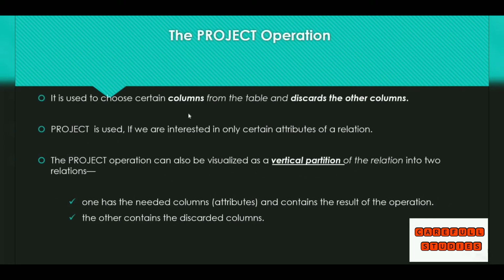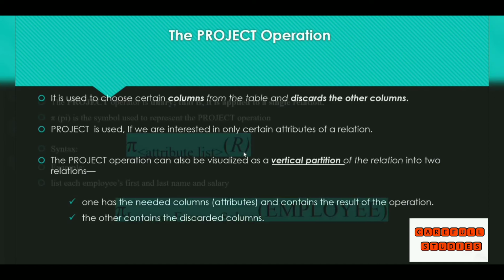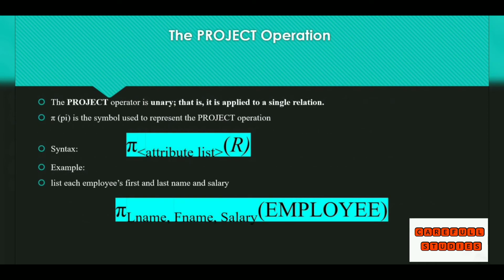The next one is the project operation. It is used to select the columns and discard the other columns which are not selected. It follows only the vertical partition. It has two steps. One is which columns are selected, which is the first requirement. The next is which columns are not selected, which are discarded. This is the project operation. It also uses only a single relation.